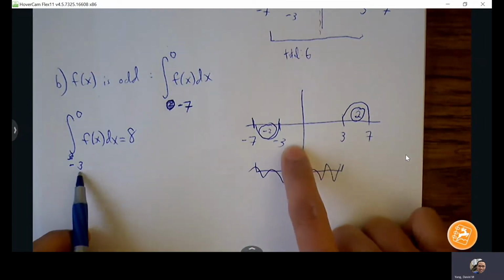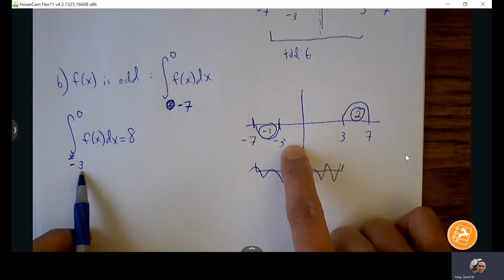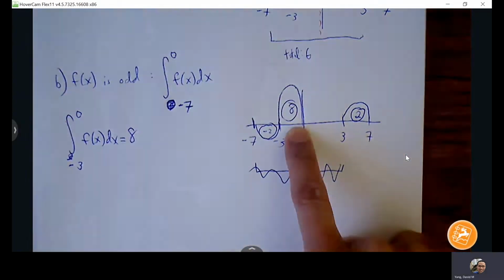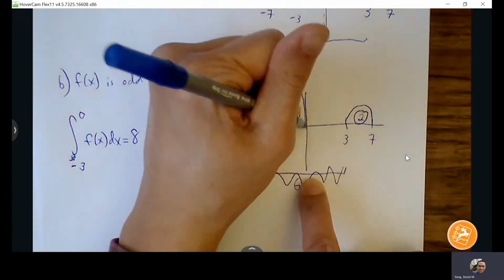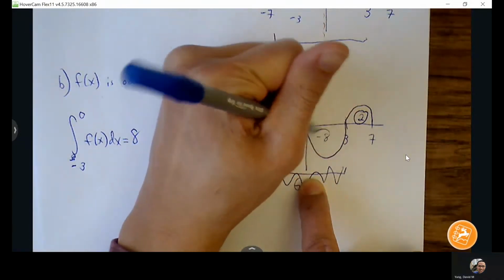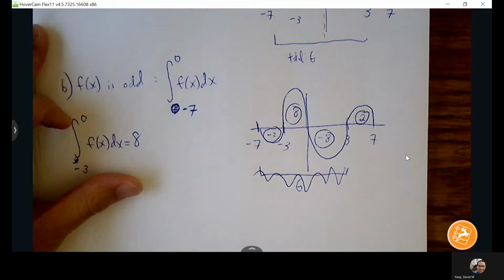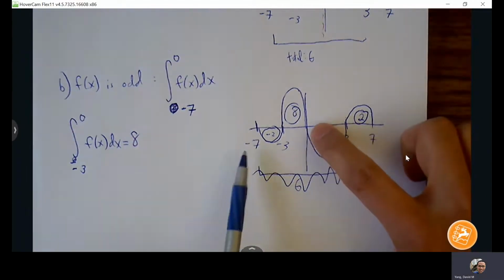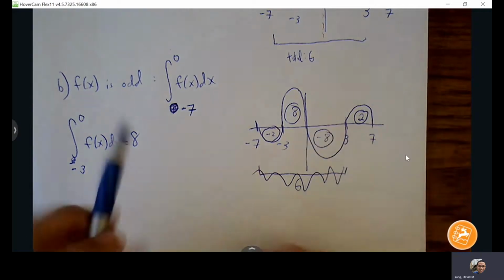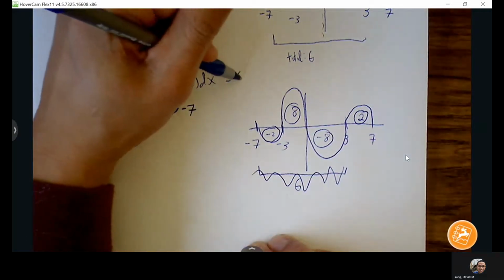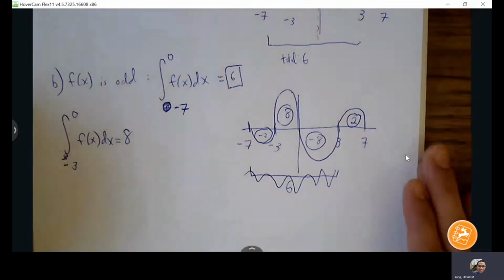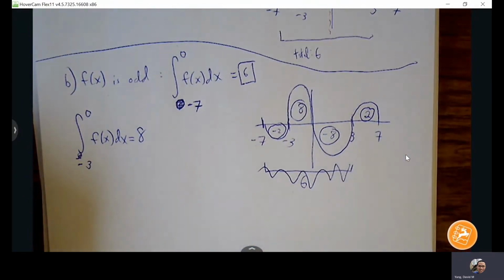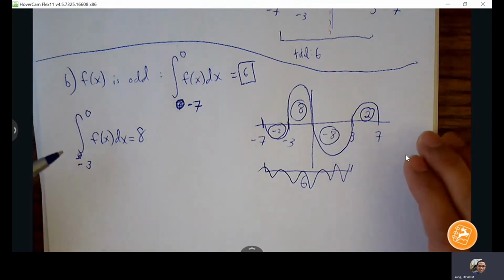Let's say an interval from -3 to 0 is 8. So if this is 8, we can say that this side must be -8. So now the interval from -7 to 0, we can add that up, and that will give us 6. Yeah, sorry, I think making the problem up on the fly, I had to be more careful there.